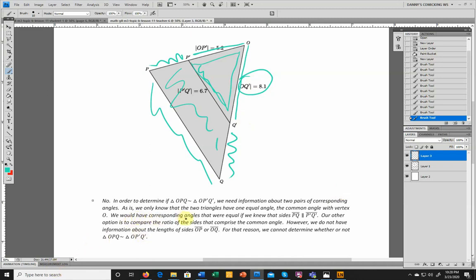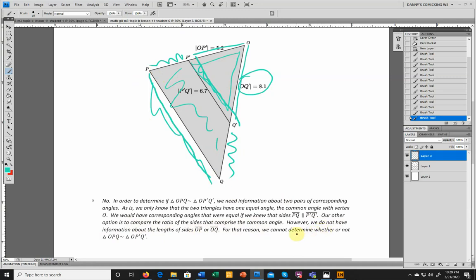We would have corresponding angles that were equal if we knew that sides PQ, these two sides, equal P prime Q prime. Sorry, PQ is here, P prime Q prime is here. Our other option is to compare the ratio of the sides that comprise the common angle.